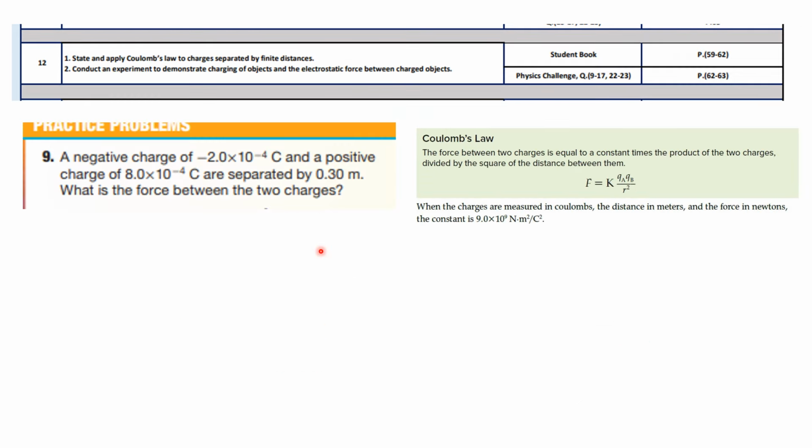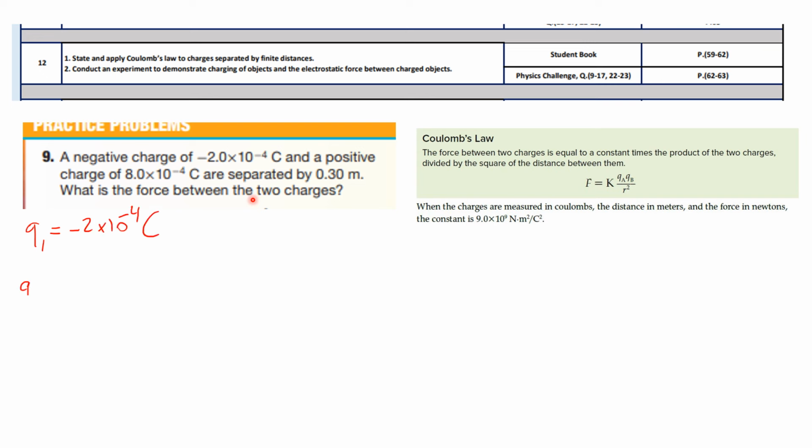Moving on to question number 12, again discussing Coulomb's law. So here we have a negative charge of -2 by 10 power -4 Coulomb, another positive charge of 8 by 10 power of -4 Coulomb, separated by 0.3 meter. So what is the force between the two charges? So of course here we have two charges, meaning that we have to apply Coulomb's law.